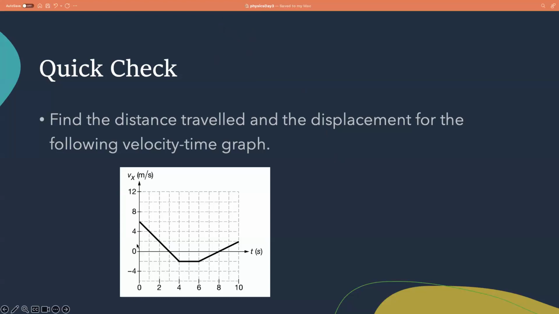Oh yeah, just do it from 0 to 10 seconds in this case. Notice I didn't write that. Just this entire area here.